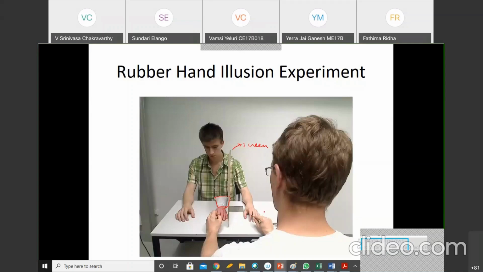They are coming from the same object. So the subject's brain is tricked into believing that the rubber hand is his own hand, is identified with his left hand. Therefore, when the experimenter then gets up and bangs the rubber hand with a hammer, the subject has a huge shock.